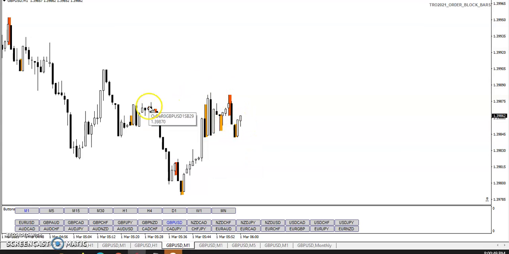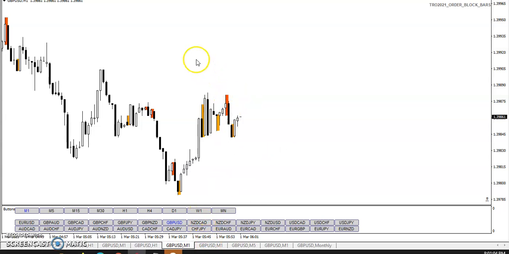So you look for it to go between those order blocks, because usually price takes out those order blocks. If they're truly order blocks, it makes sense for it to take out order blocks if you study order blocks.